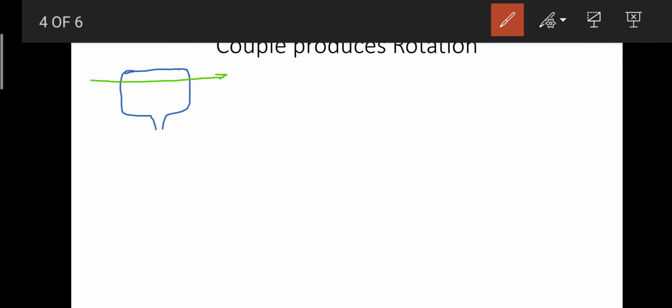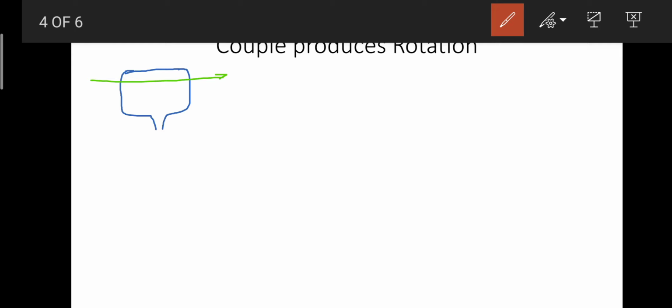Here I have drawn a case in which this coil is lying completely parallel to the magnetic field, right? Just consider that this is lying on the surface.